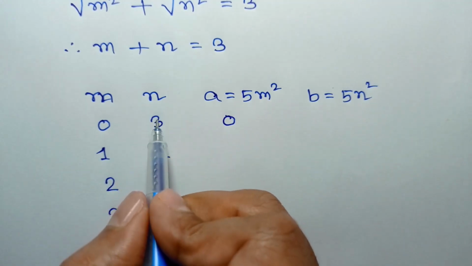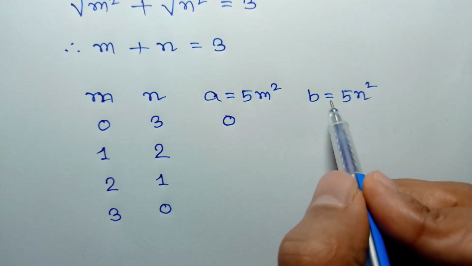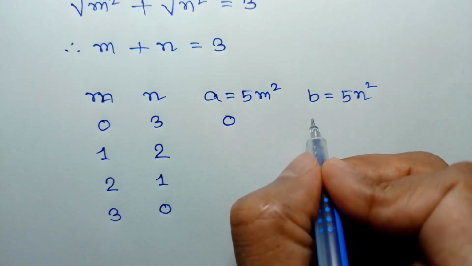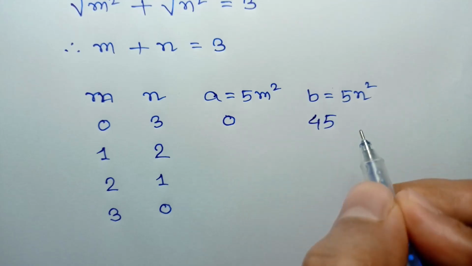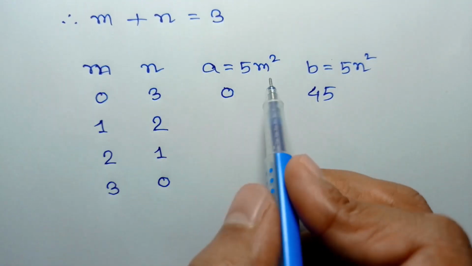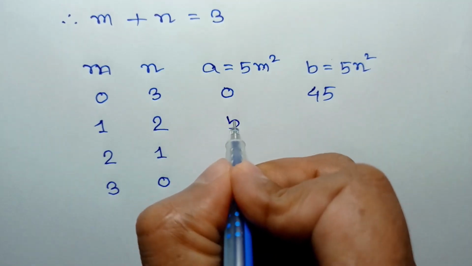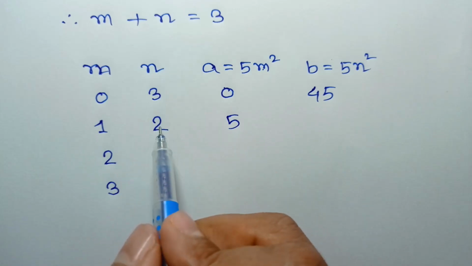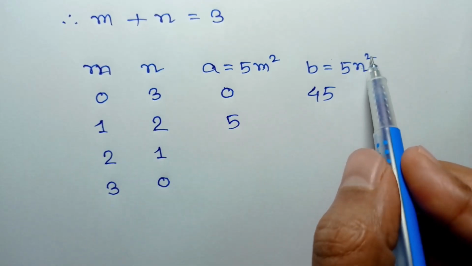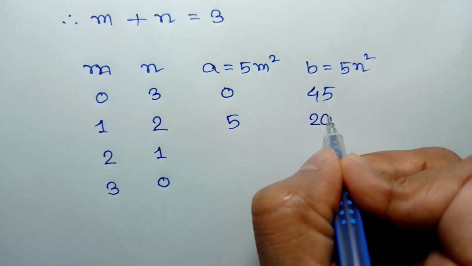And when n is equal to 3, then 3 square is 9, 9 times 5 is 45. So the value of b is 45. And when m is equal to 1, then 1 square is 1, 1 times 5 is 5. And when n is equal to 2, then 2 square is 4, 4 times 5 is 20.